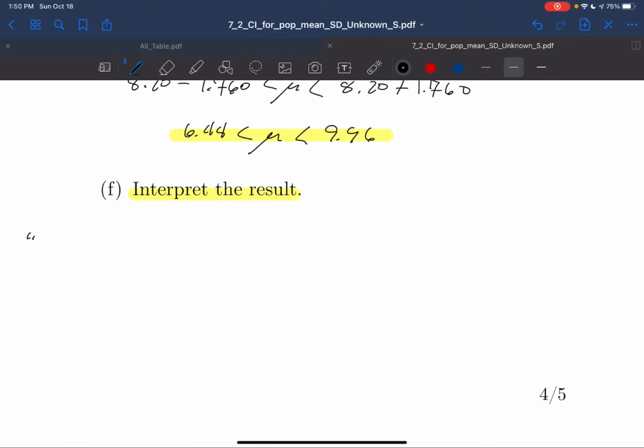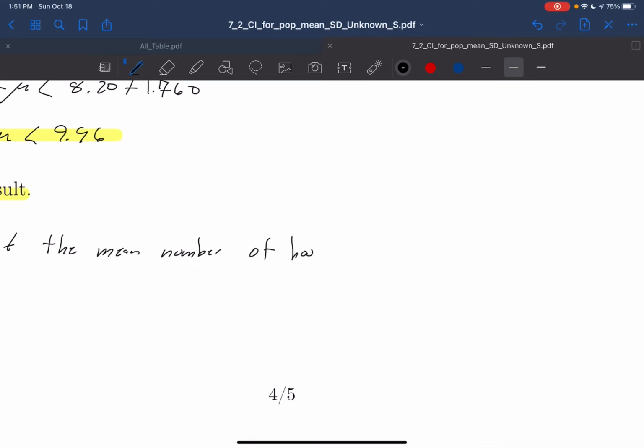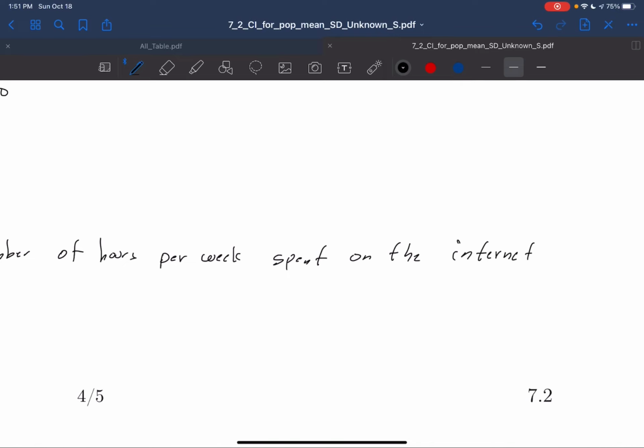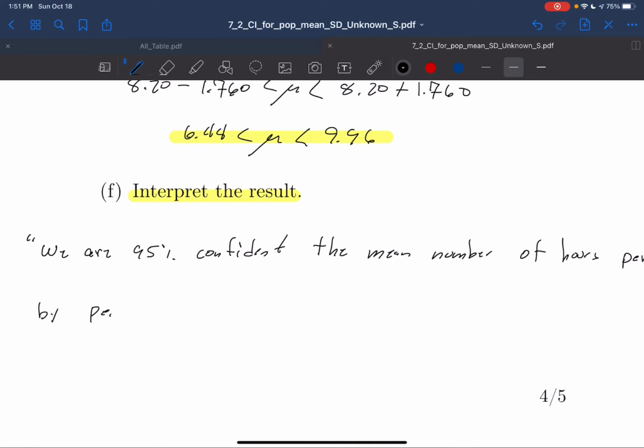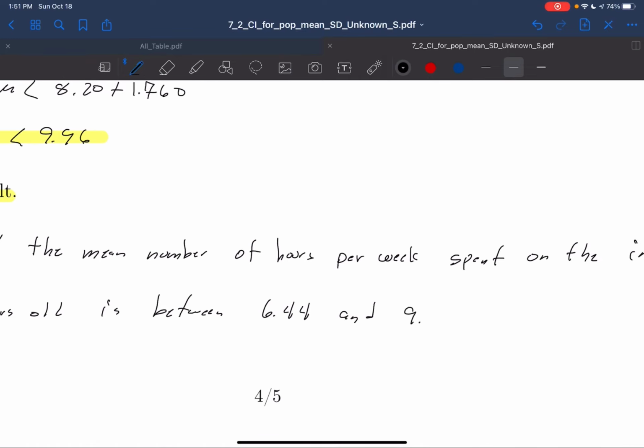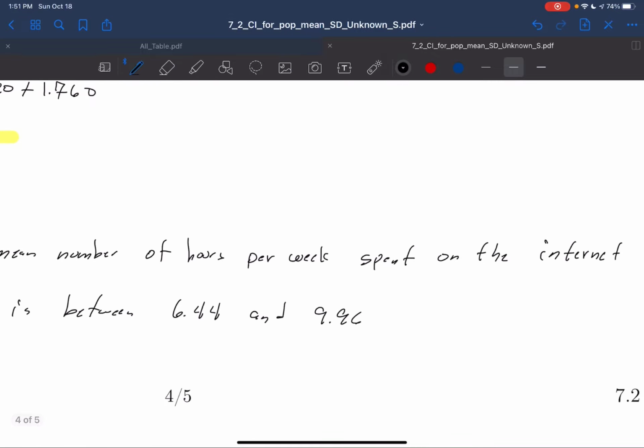So we could say that we are 95% confident the mean number of hours per week spent on the internet by people 18 to 22 years old is between 6.44 and 9.96 hours.